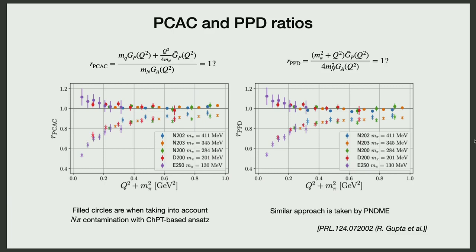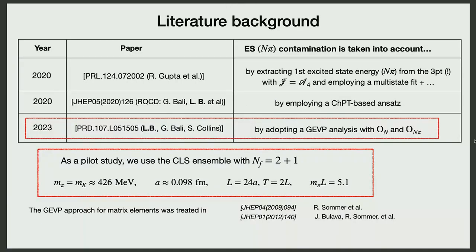Here we have done multi-state fits taking into account N-pi contamination. Based on the work done by Rajan Gupta, Oliver Baer, and RQCD, what we did was to start a data-driven approach by using the GEVP method with nucleon and nucleon-pion operators, doing the diagonalization and seeing whether we get the nucleon ground state.